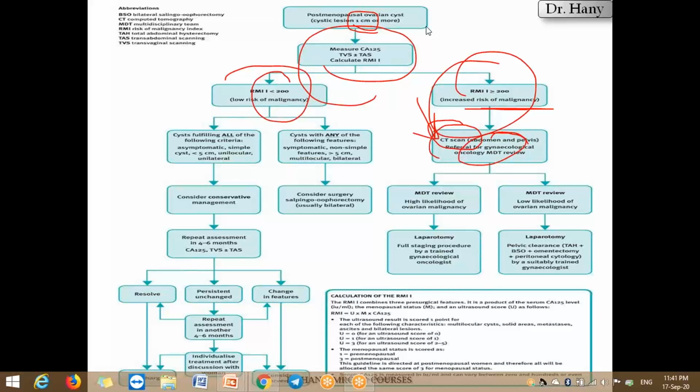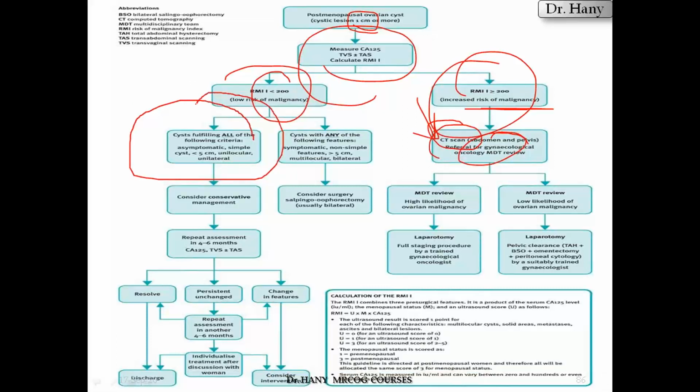If it is less than 200, you should have all these criteria: asymptomatic, simple, less than 5, unilocular and unilateral. If any one of these criteria is broken, then bilateral salpingo-oophorectomy. There is no unilateral in a postmenopausal woman.